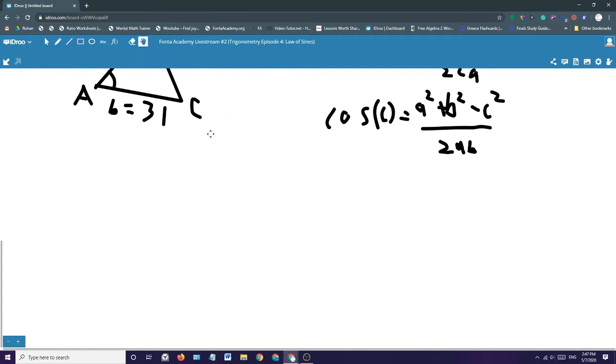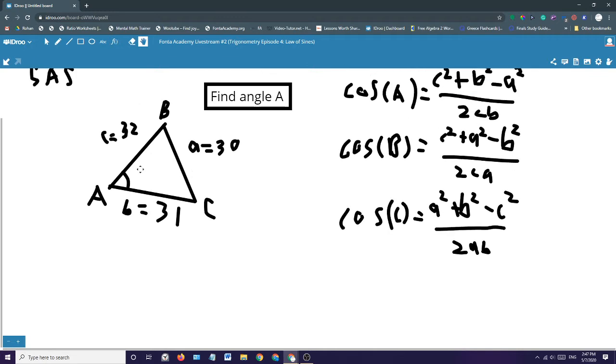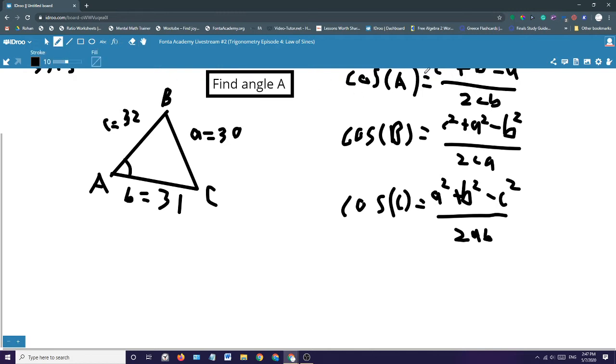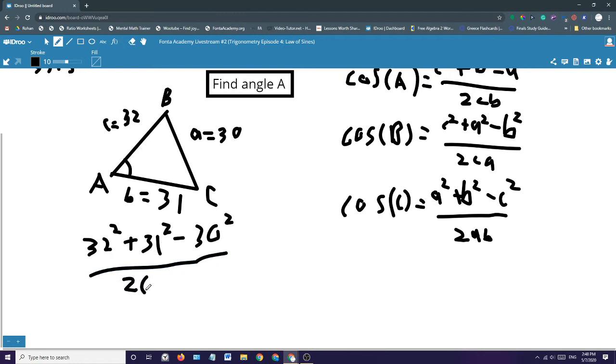So what we want to do, since we were asked to get angle A, let's use the formula cosine A. So then what we need to do is c squared, which is 32 squared, plus b squared, which in this case is 31, minus 30 squared over 2 times 32 times 31.